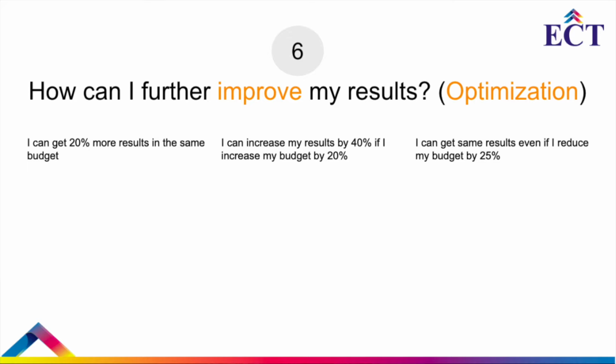Of course, you will love to increase your budget if you are getting a double return on your incremental addition of the budget, right? And similarly, the third could be that you can achieve the same number of results by reducing your budget by 25%, 30%. In all these 3 cases, you are getting more value for your money.